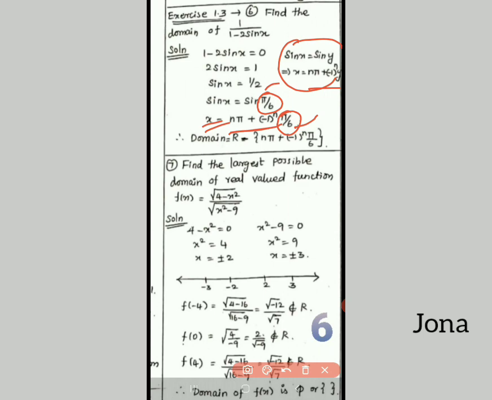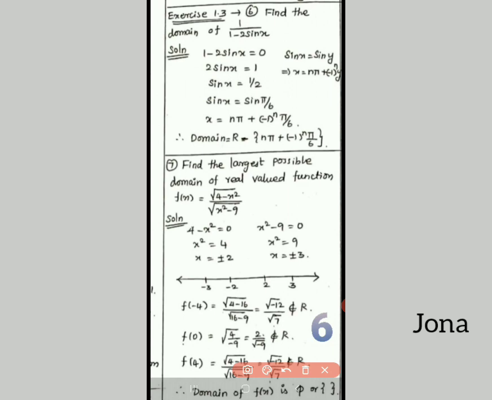Instead of this y, we have to substitute the angle, that is pi by 6. So I can conclude this value of x is nothing but the domain. So the domain is x equal to n pi plus minus 1 whole power n into pi by 6.